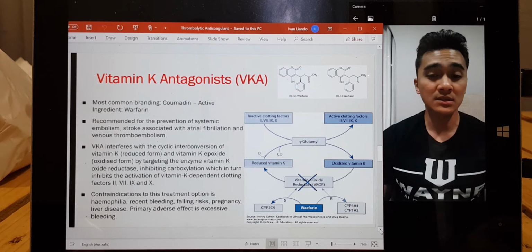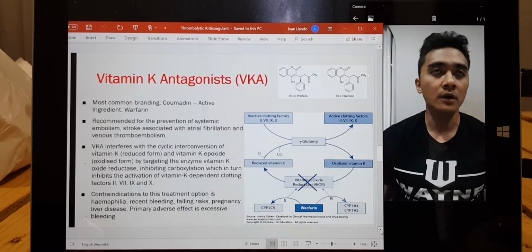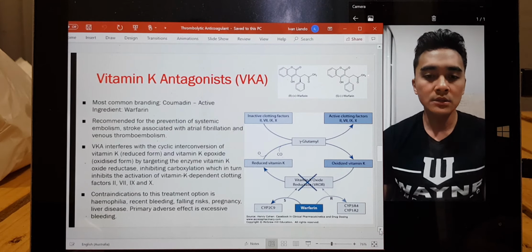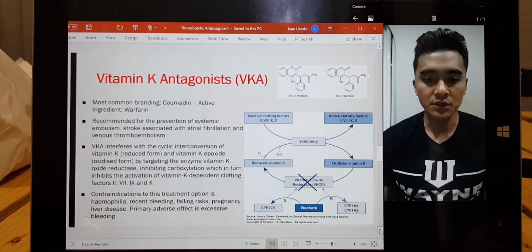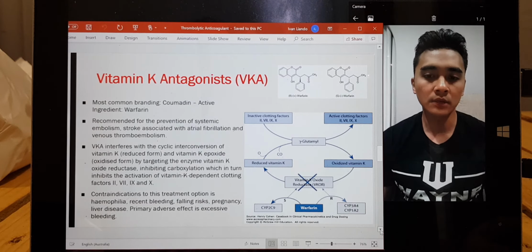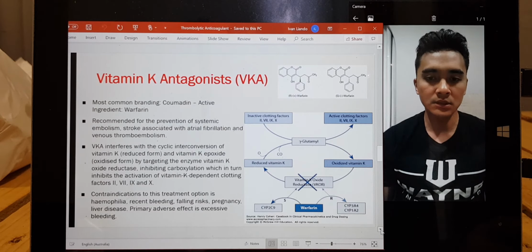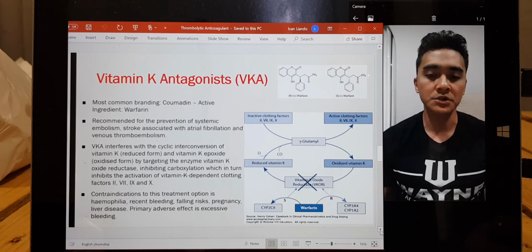This then oxidizes the vitamin K back to vitamin K epoxide, and this completes the cycle. So by inhibiting the reduction reaction, the clotting factors remain inactive. And the diagram in the slide just summarizes the whole reaction there.